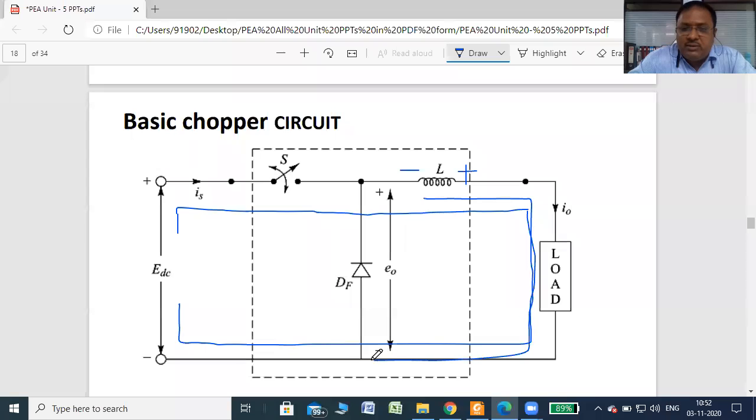Then this diode is in forward bias because the cathode is negative with respect to the anode. So the diode turns on, and current flows through the diode back to the inductor, then load, then again back to the diode, and so on. So your current is constant, or you can say continuous, but the voltage is discontinuous.